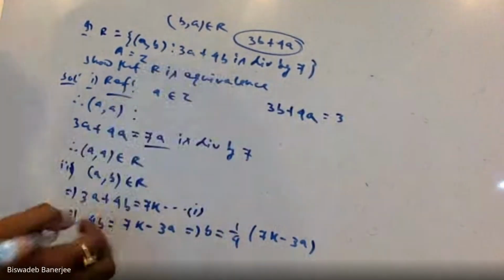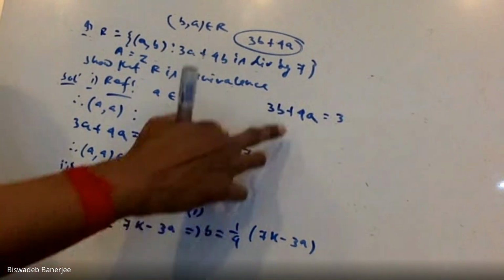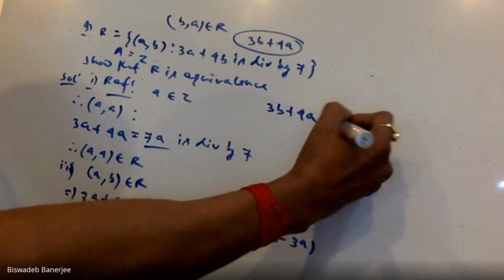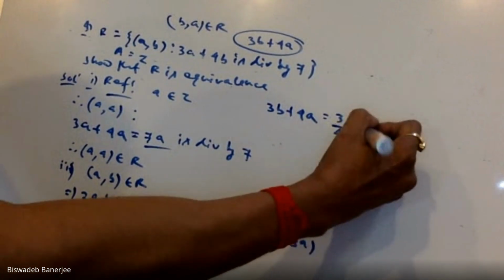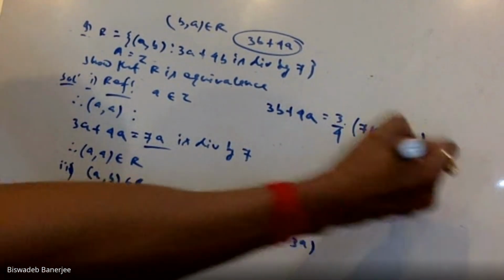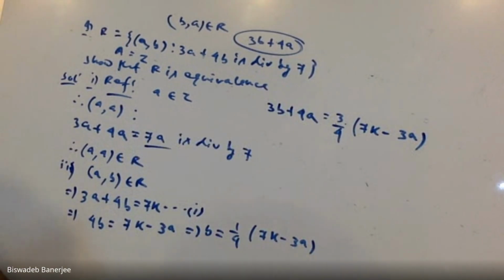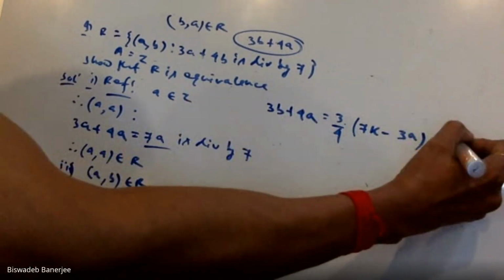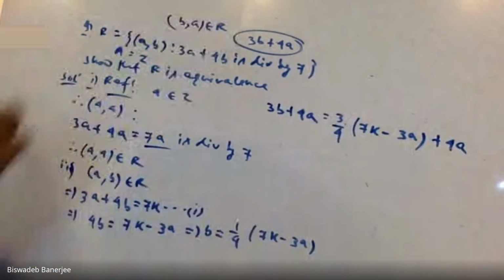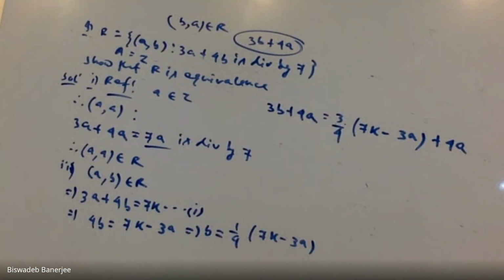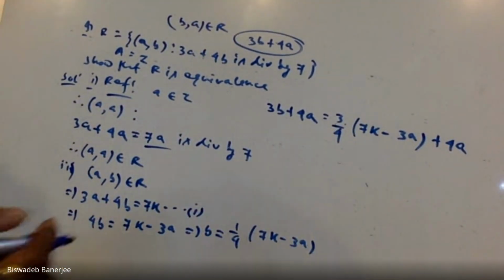So 3 into b, put the value of b, which is 1 by 4 times (7k minus 3a). Simple calculation. And 4a remains as it is. You can also substitute a, that doesn't matter.